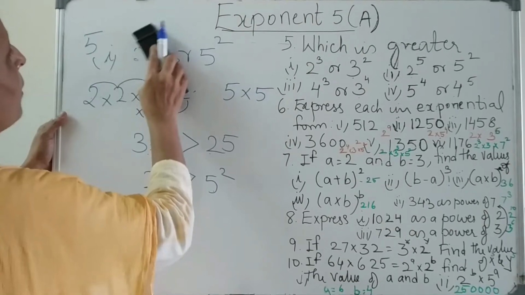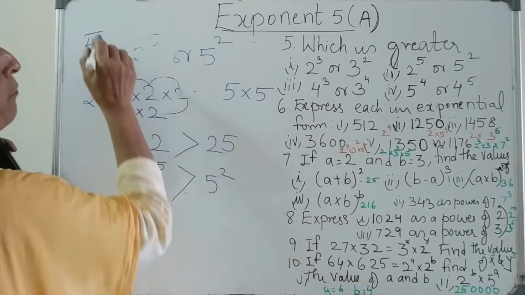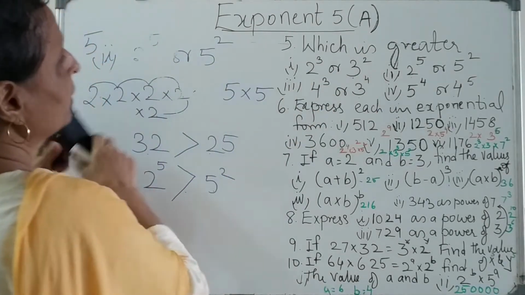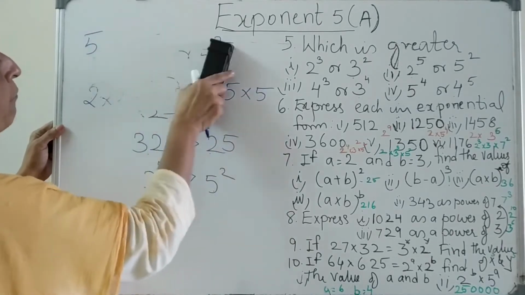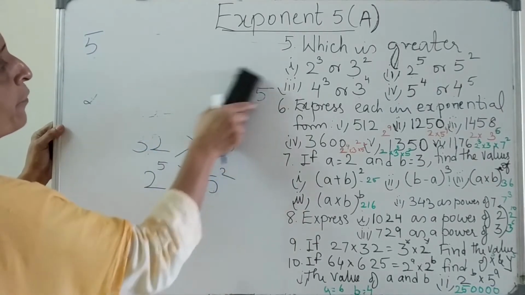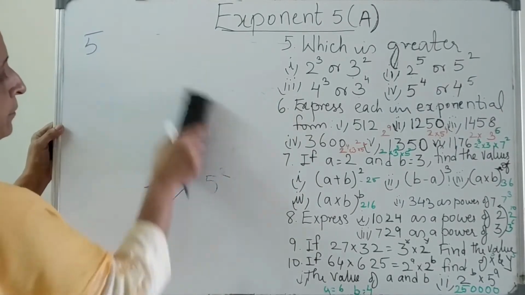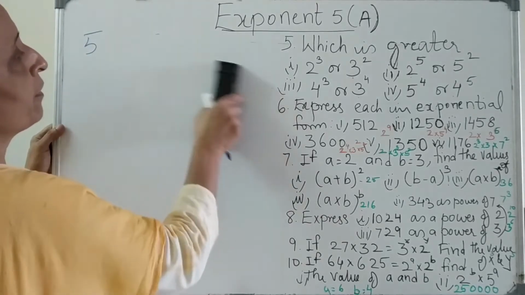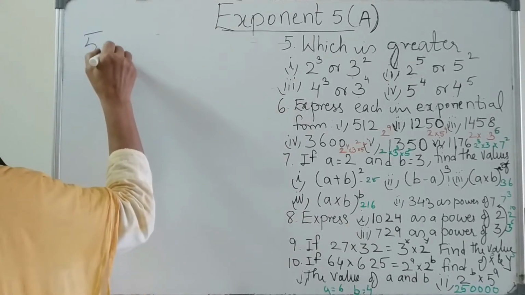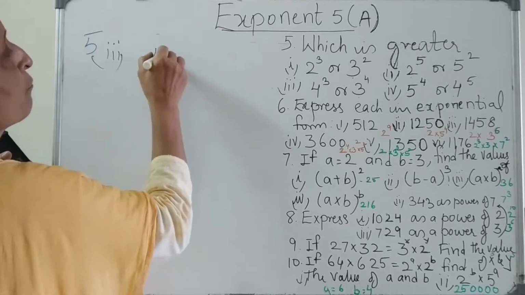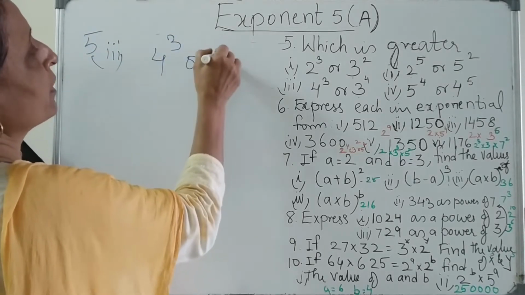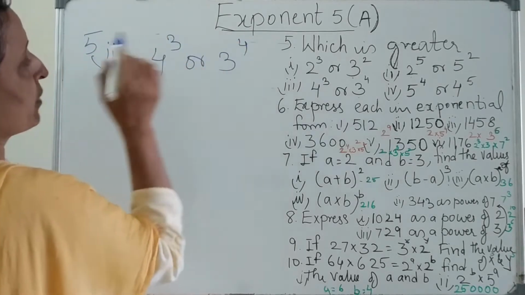This was the second sum, and next is the third sum. This is 4 raised to 3 or 3 raised to 4. Which is greater?